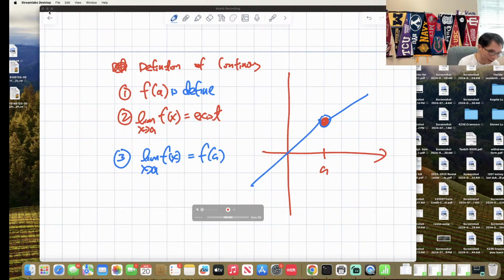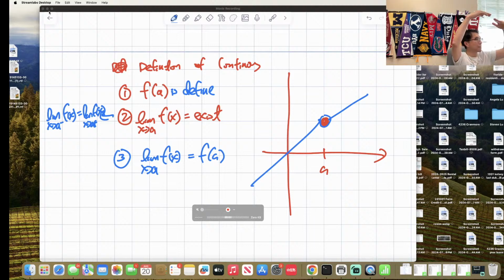So this means the limit as x approaches A from the left of f of x equals the limit as x approaches A from the right of f of x. But that doesn't mean it's continuous, because you can have the hole on top filled in there, but it's still not continuous.